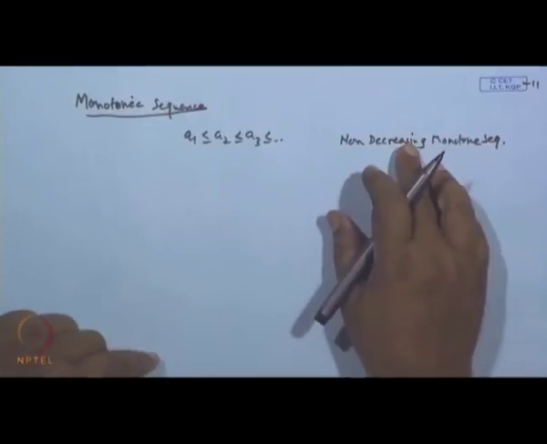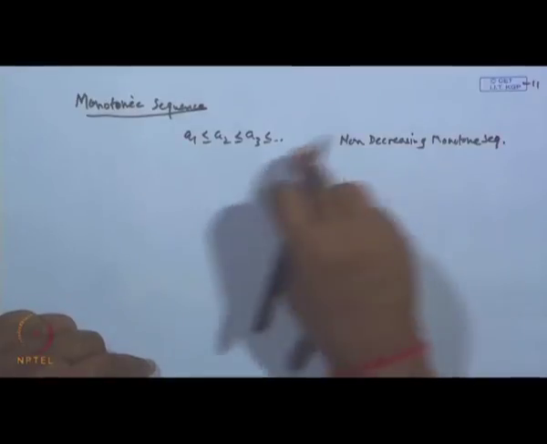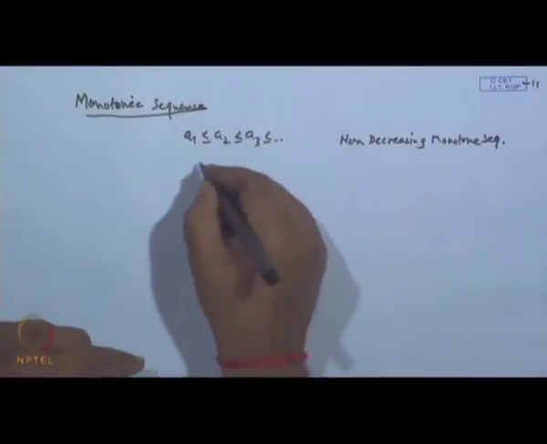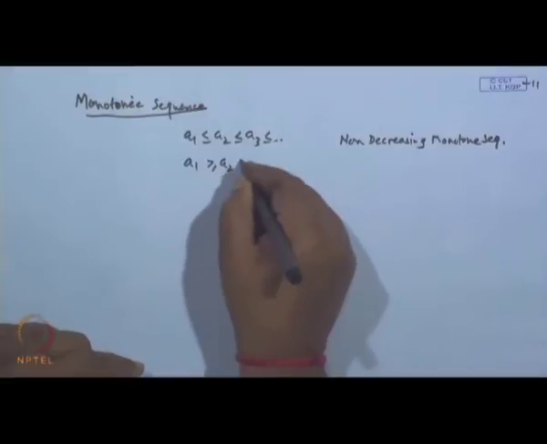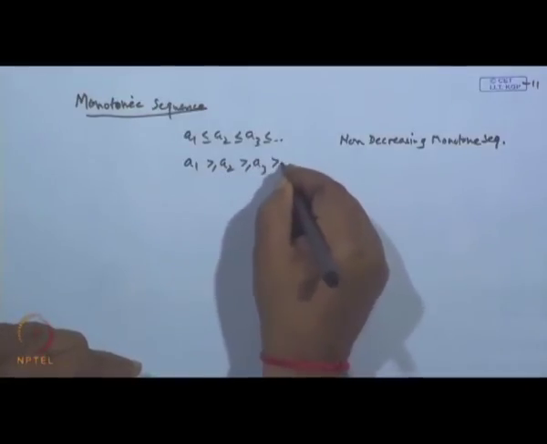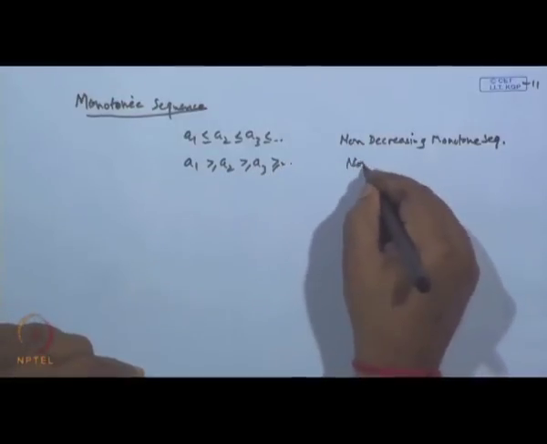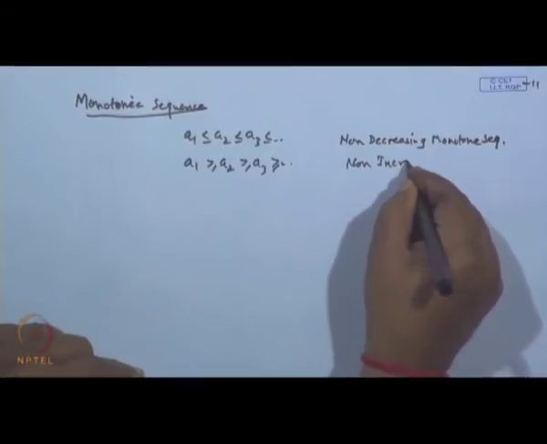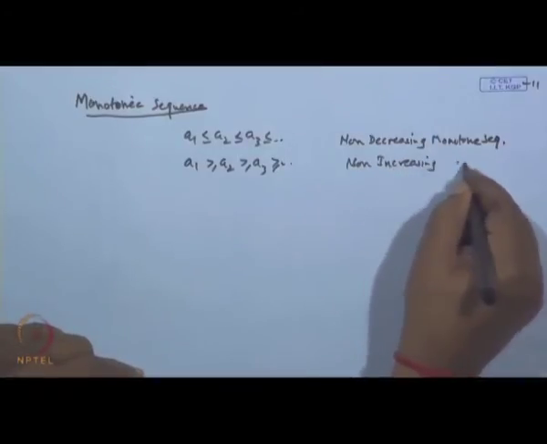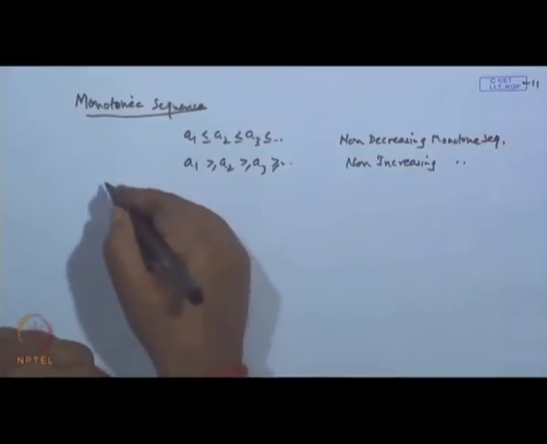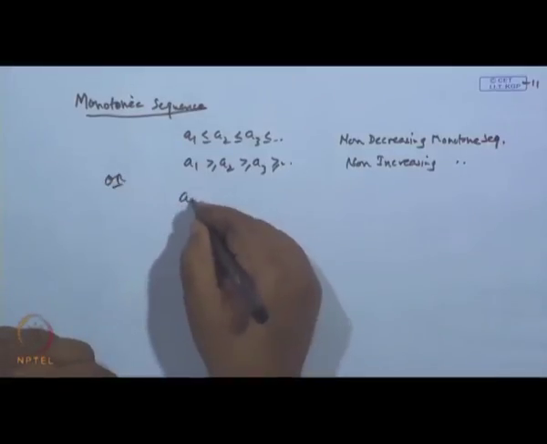It keeps on increasing, but may be constant also. Or A 1 greater than or equal to A 2 greater than or equal to A 3. This is called a non increasing monotone sequence.